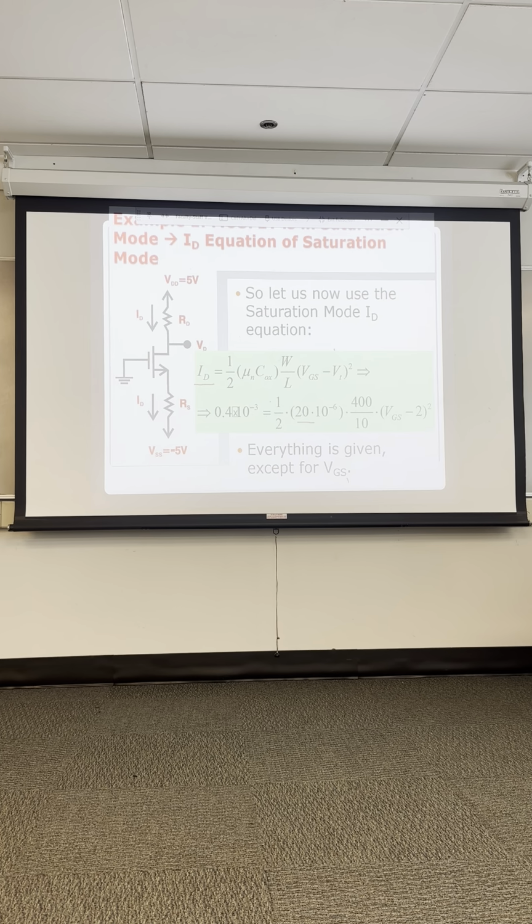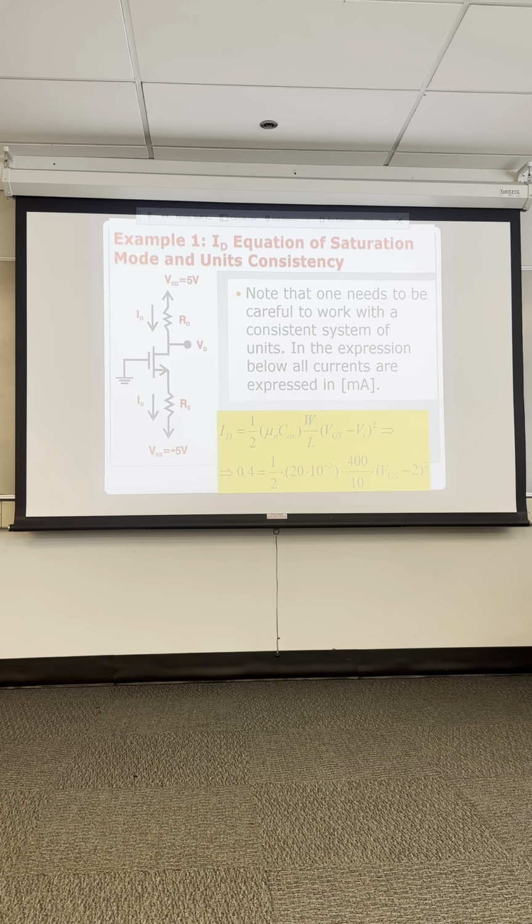So what does this term become? 0.4 times 10 to the negative 3 as well. That's the same term on this side. So we can cancel those both out on both sides of the equation and get 1 here. So we should get 1 is equal to V gate to source minus 2 squared, because it canceled.